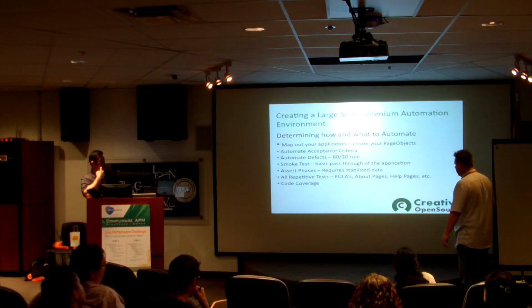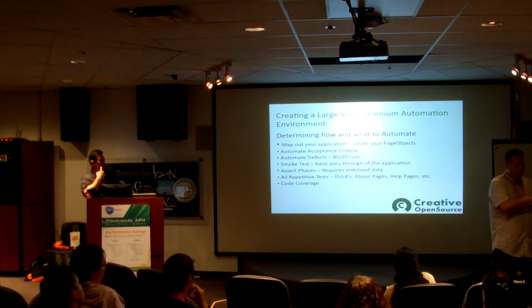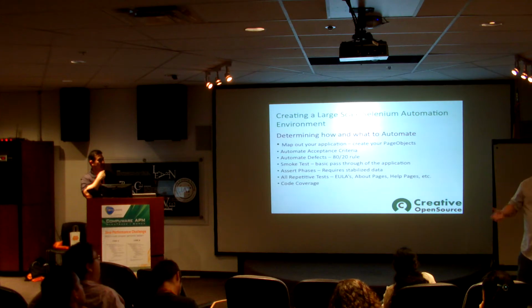Assert phases. This is what I was showing you earlier. We use something like DBUnit, where we have a set, stabilized base of data. When we run the CI environment, we build the environment, then DBUnit places all the data in there for us. Then we run through each individual user at different levels and look at the page and scores or any other data on there.